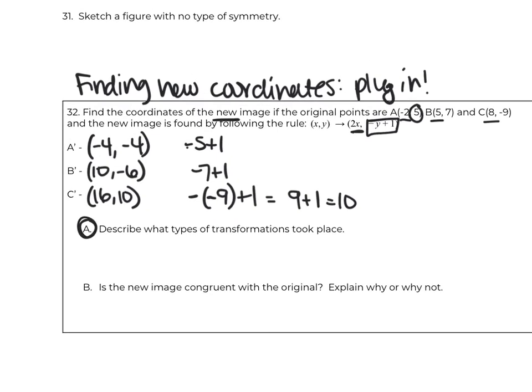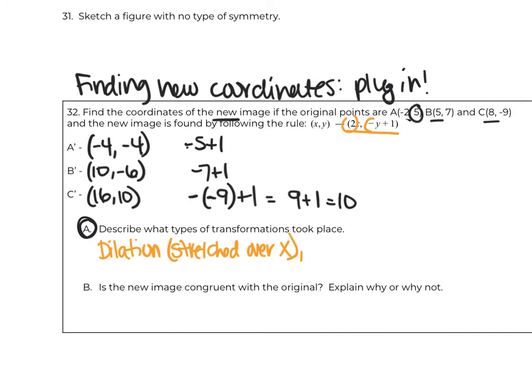Describe what transformations took place. So I am just looking at the mapping rule, which is right here, and just dealing with each part. So the 2 on the x, well, that's a dilation. Technically it stretched over x because the x only got bigger, but if you just say dilation, that's okay.